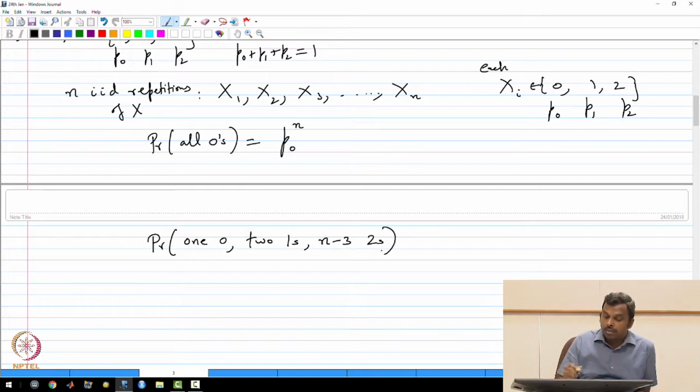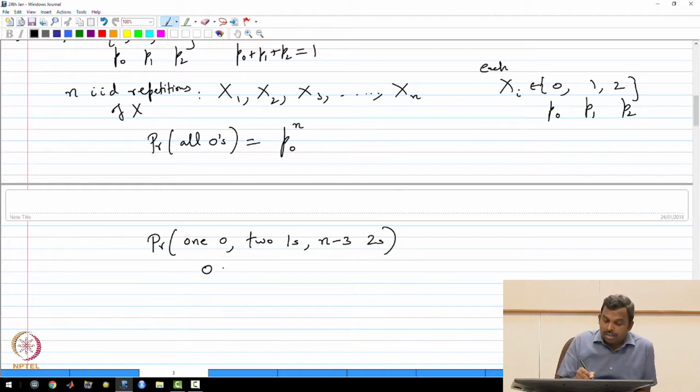What is the meaning of this? I have in my sequence x1 through xn exactly one of these values is 0. It could be anywhere. Two of the values are 1, and all the remaining are 2s. So that's the kind of event I'm considering.